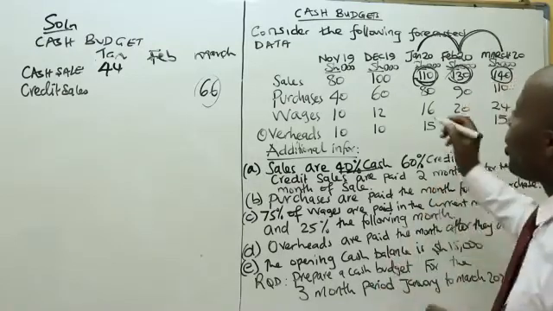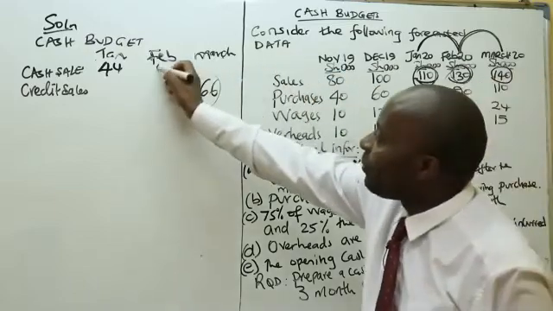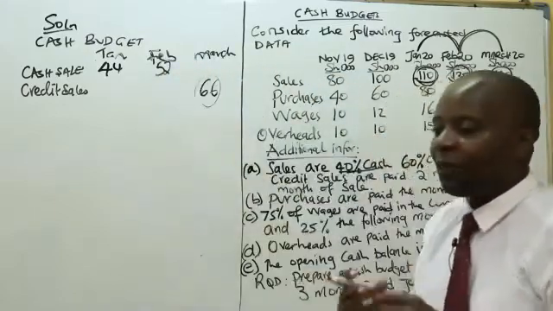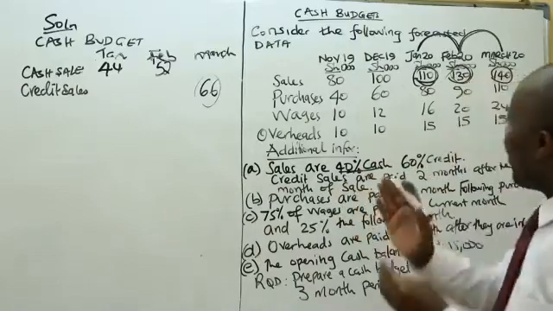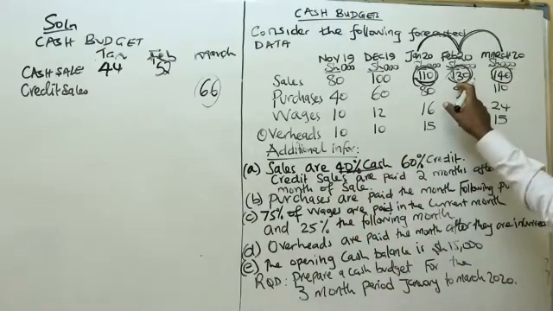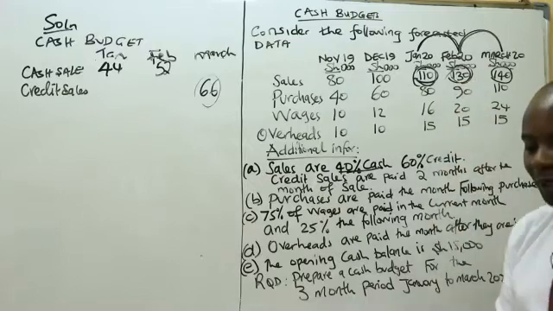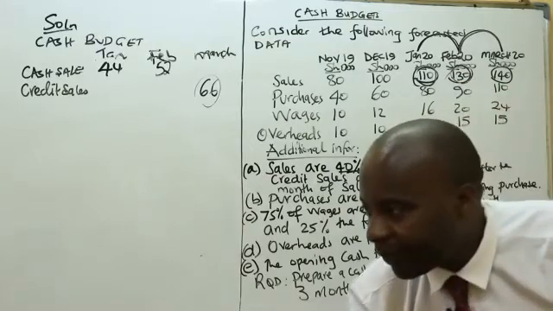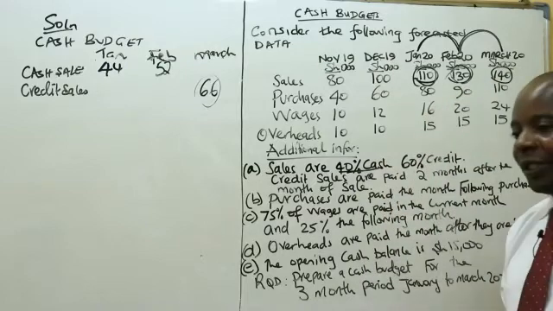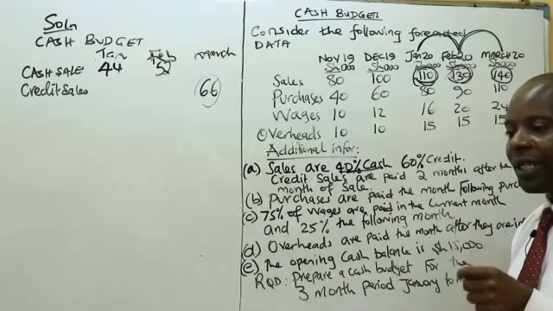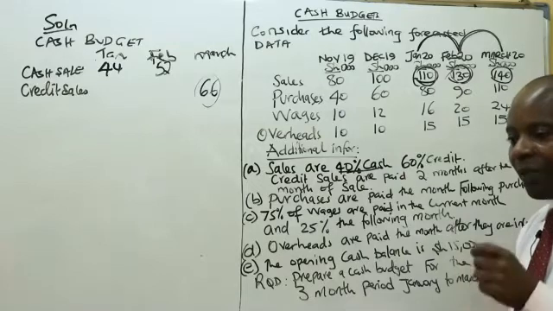So 52 is what I'll book here. And then I'll ask myself, what about the other balance? 60% of 130 will give me 78.